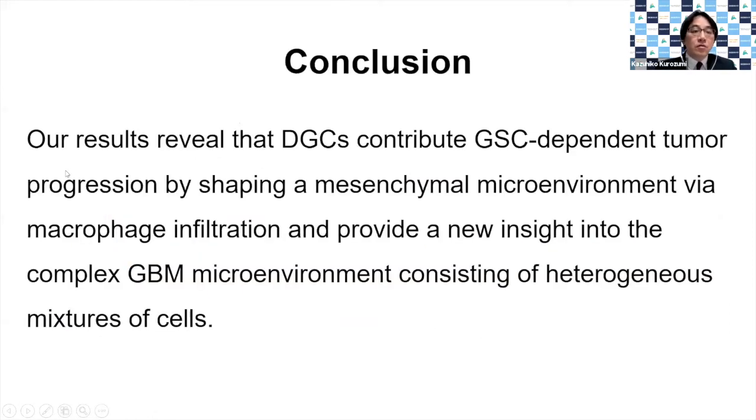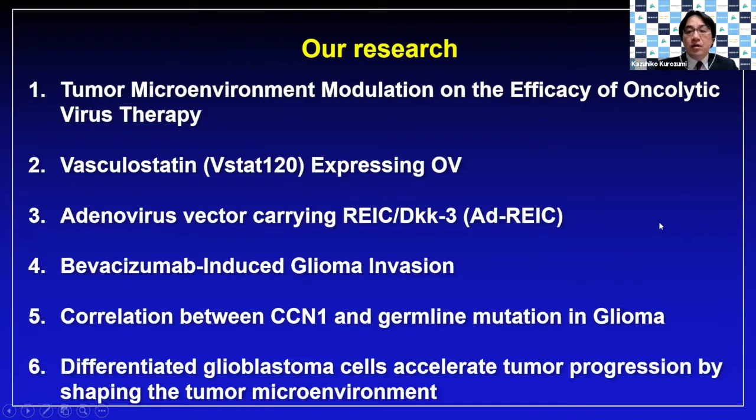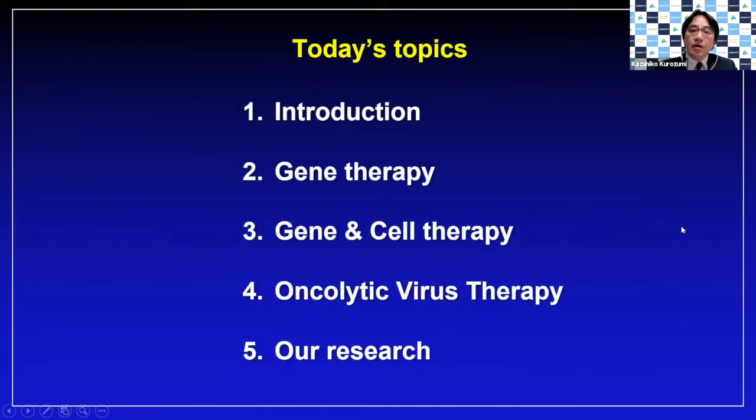For this conclusion, our results revealed that DGCs contribute to GSC-dependent tumor progression by shaping a mesenchymal microenvironment via macrophage infiltration, and provide a new insight into the complex GBM microenvironment consisting of heterogeneous mixed cells. Those are ongoing research for us. This is today's topic for me.